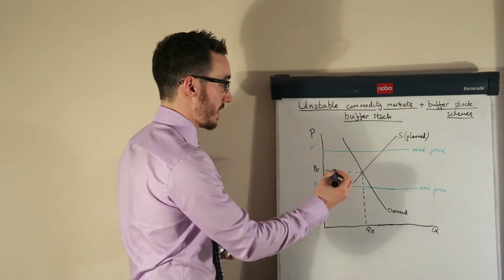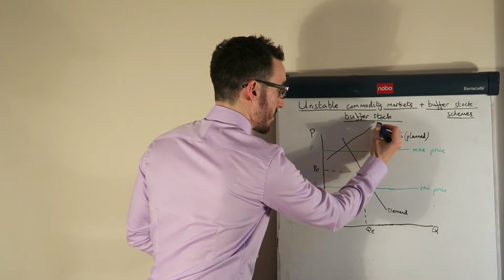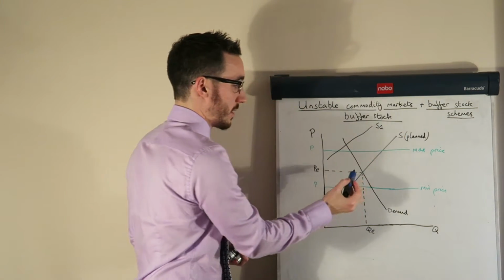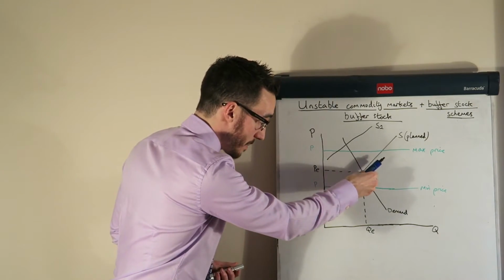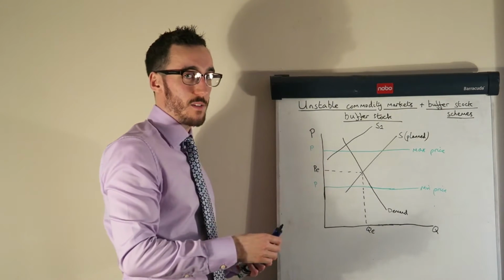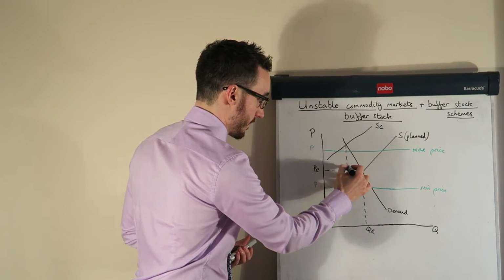However, we have a bad harvest and supply shifts all the way over here. So supply was here before, that's what we planned it to be, but actually a bad harvest shifted supply to the left. We had a large decrease in quantity, actually.